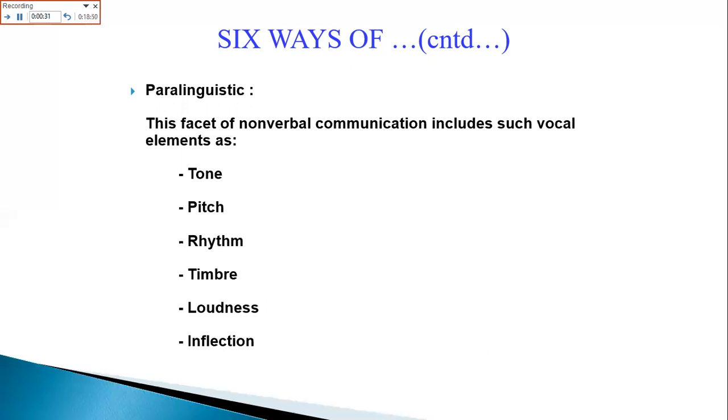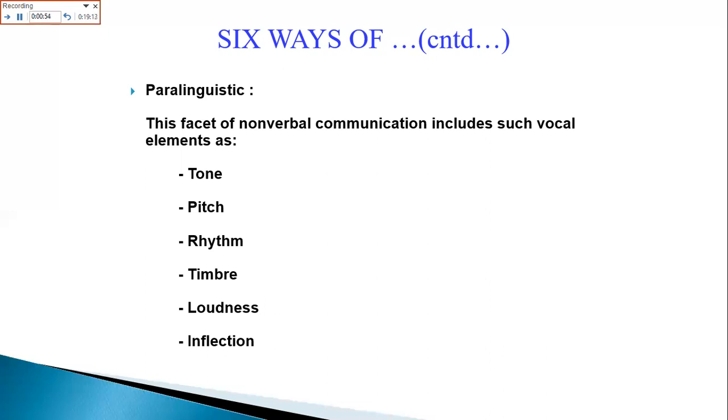It contains your tone, your pitch, your rhythm, the timbre, and the loudness and inflection.